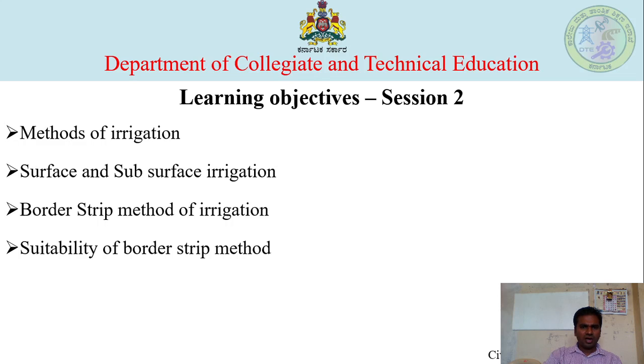What are the learning objectives of this session? We are going to learn about the methods of irrigation, surface and subsurface irrigation, the border strip method of irrigation, and the suitability of the border strip method of irrigation.